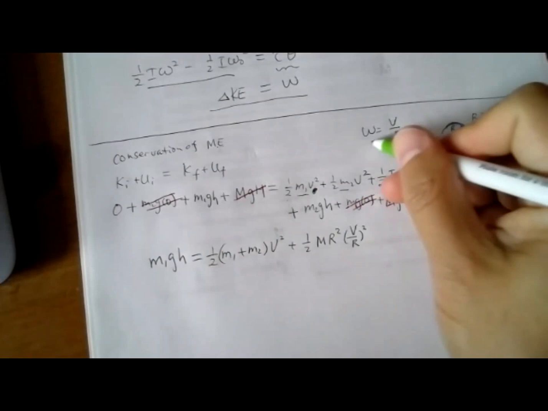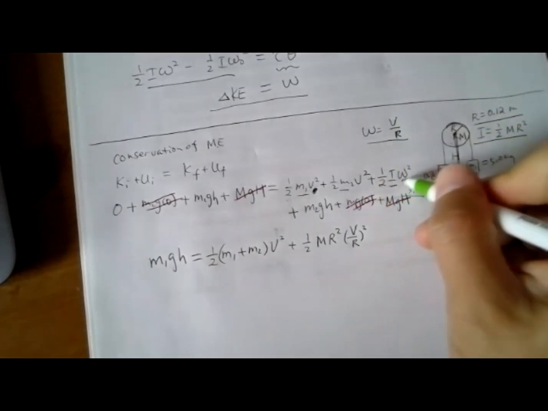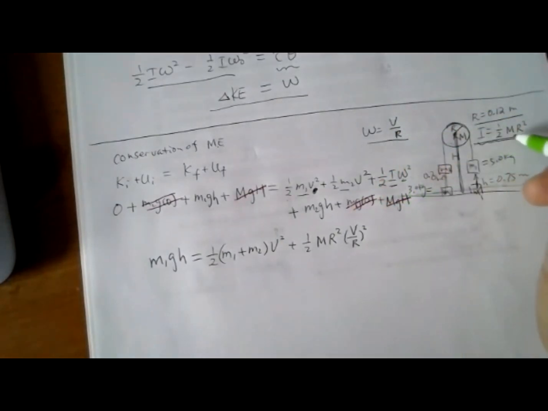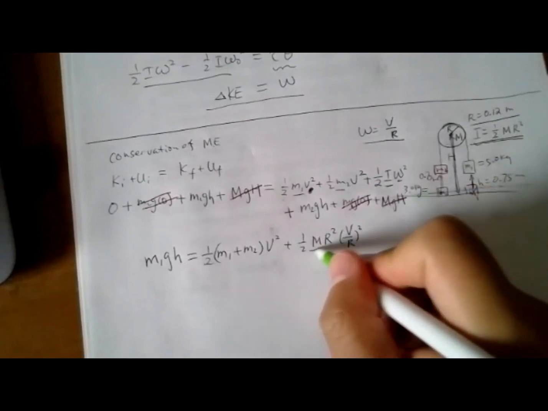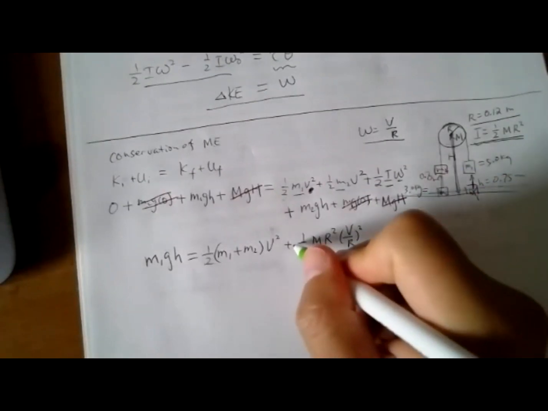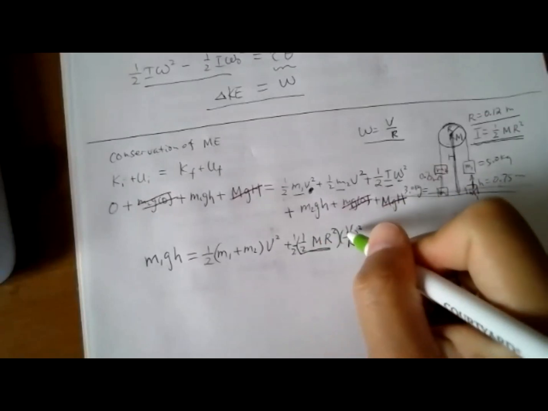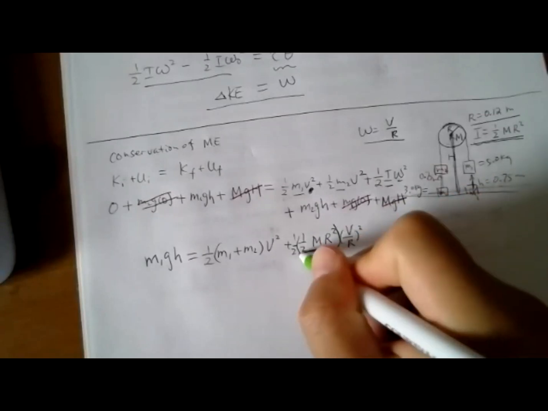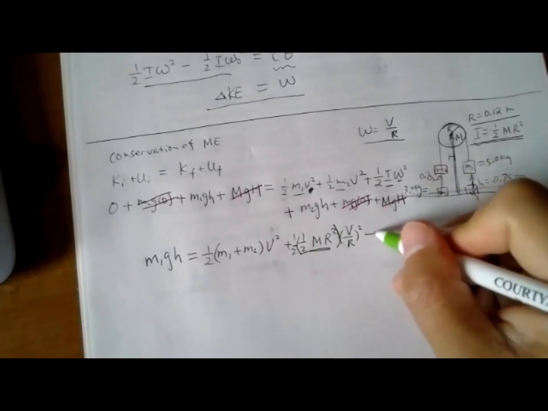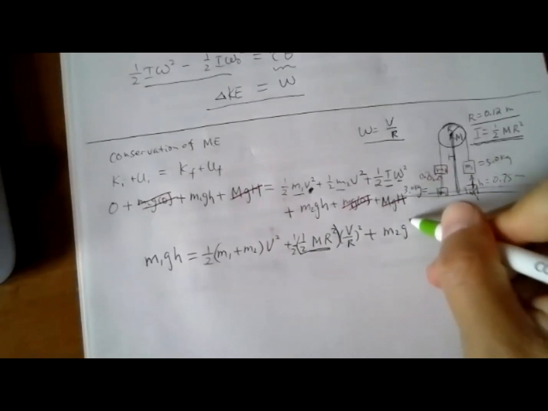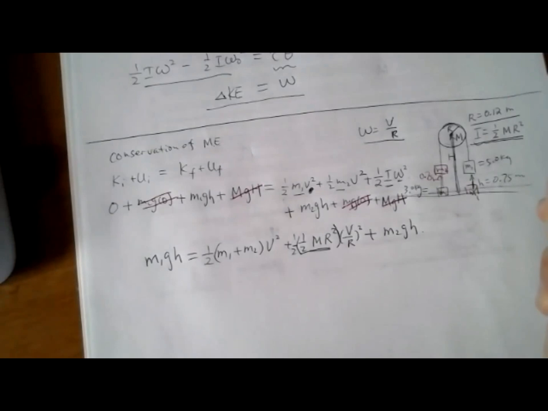Omega is equal to v over r, and I is equal to 1/2 M r square, so this is I omega square with the 1/2 there, plus m2gh.